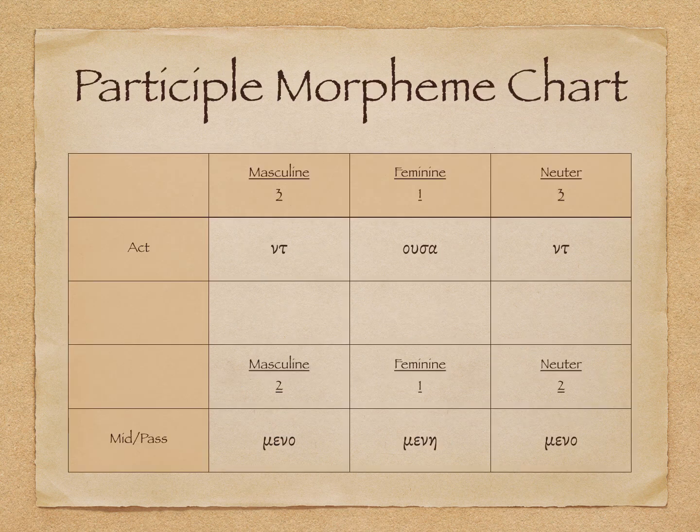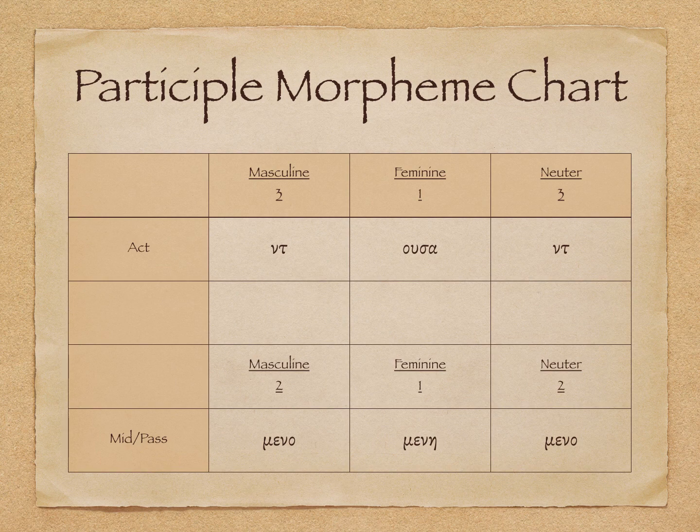This is the participle morpheme chart, and you notice that the masculine and neuter active use third declension endings, feminine first.